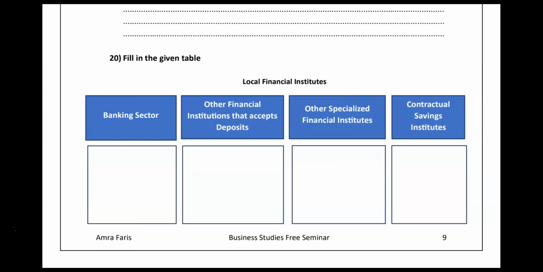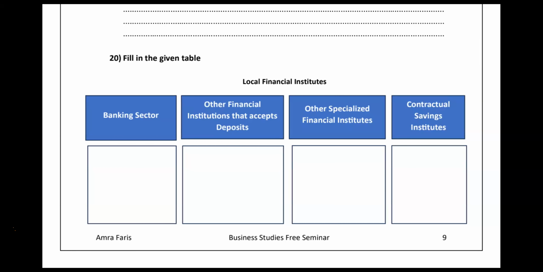Their primary intention is to provide business consultancy or financial consultancy services. This is what we call merchant banks or Vanik banks. The third one of the other specialized financial institutions is venture capital companies.